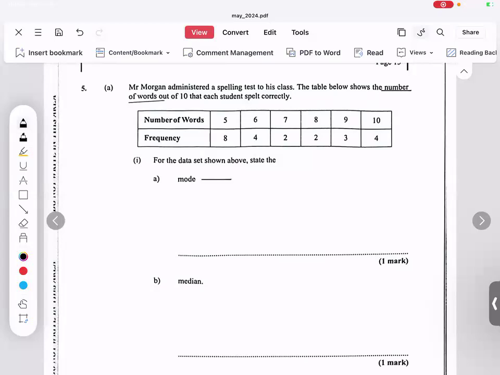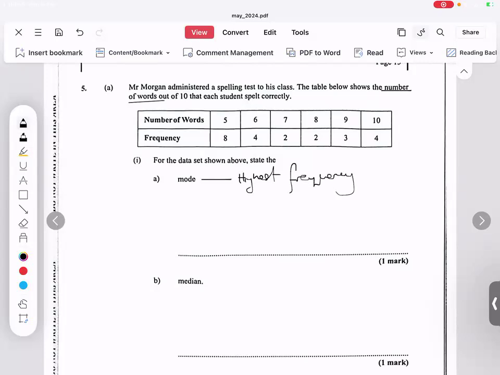So the mode is the highest frequency, guys. You can write that down. The mode is going to be the highest frequency.